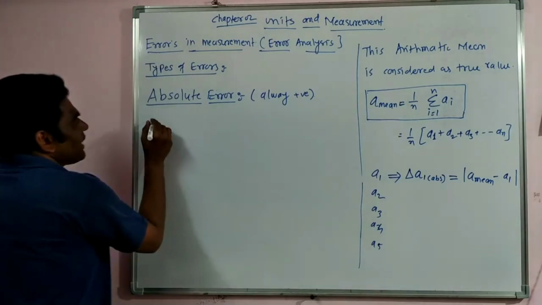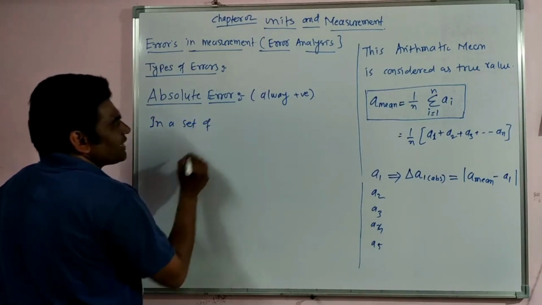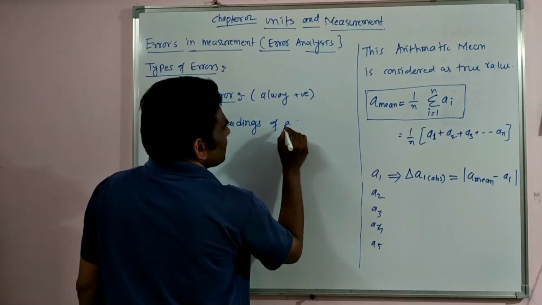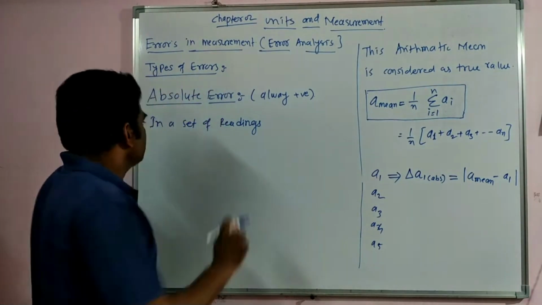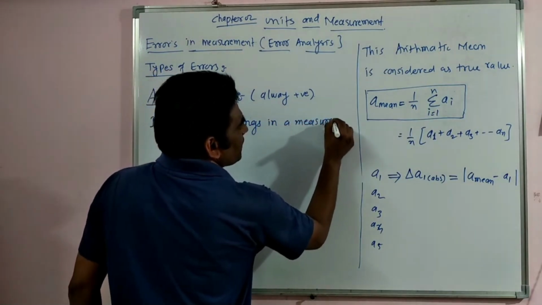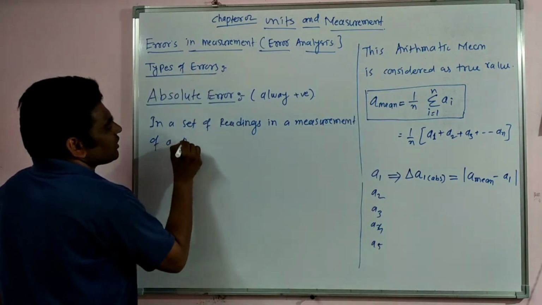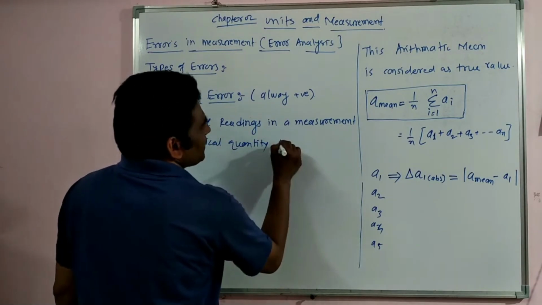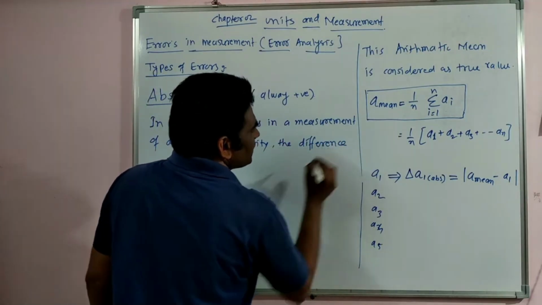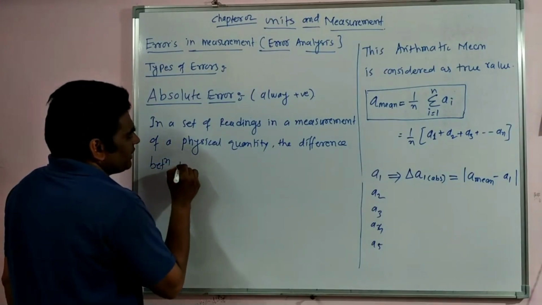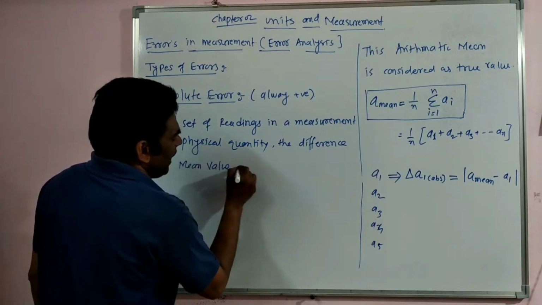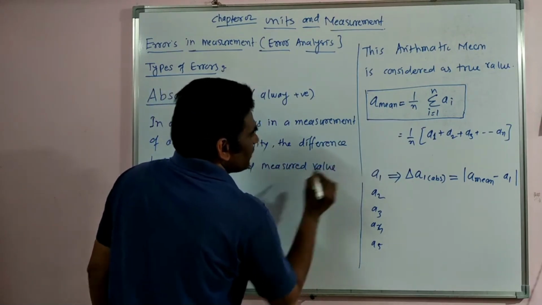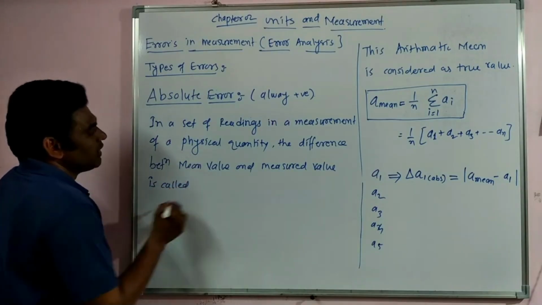So if you want to write, you can write: in a set of readings of a measurement of a physical quantity, the magnitude of the difference between mean value, meaning arithmetic mean value, and measured value is called absolute error.